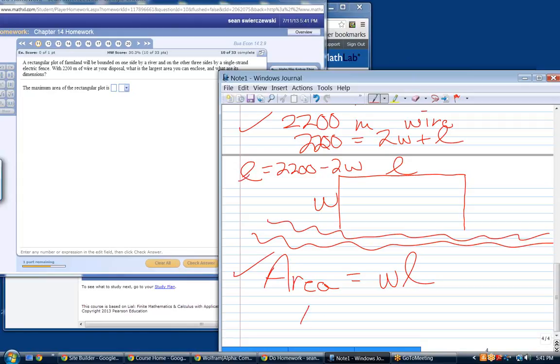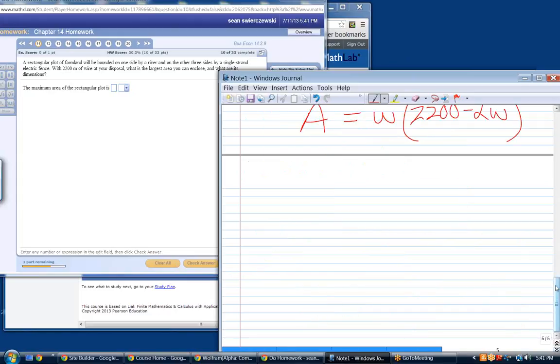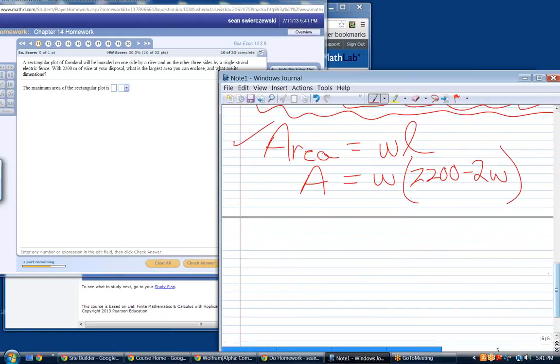Then if I go to my area function and plug that in, I get W times 2,200 minus 2W. That's what we want to take the derivative of, set it to 0, and that'll tell us what W is.